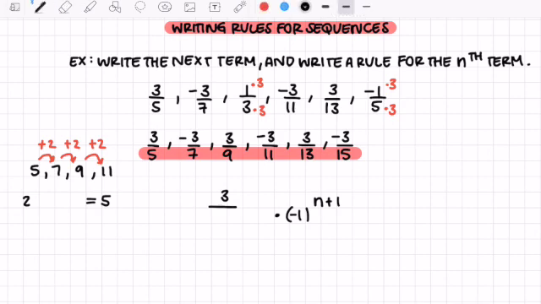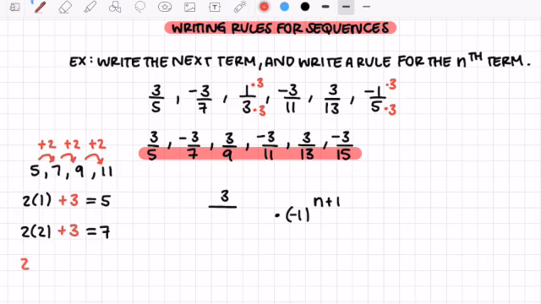This is going to be the first term, so 2 times 1. For it to equal 5, we would have to add 3. For the second one, 2 times 2. The second term was 7. That would be 2 times 2, which is 4, so I would also have to add 3.